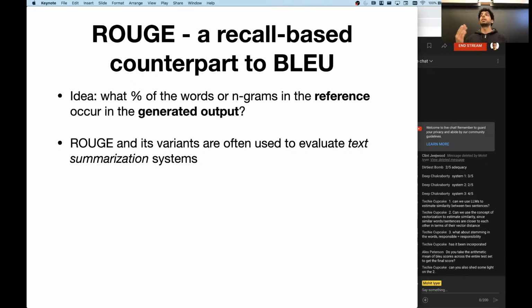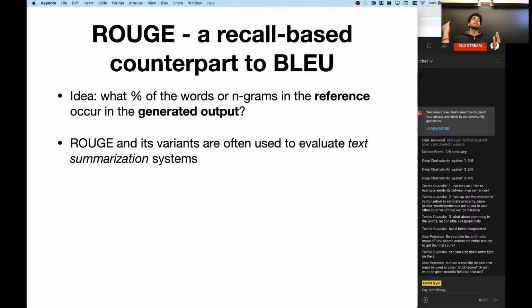So remember that if I'm computing the recall of the n-grams in the candidate text, I'm looking basically for all of the n-grams in the reference summary, how many of them are present in the model-generated summary. So why do you think we might want to use recall for the task of summarization rather than precision?